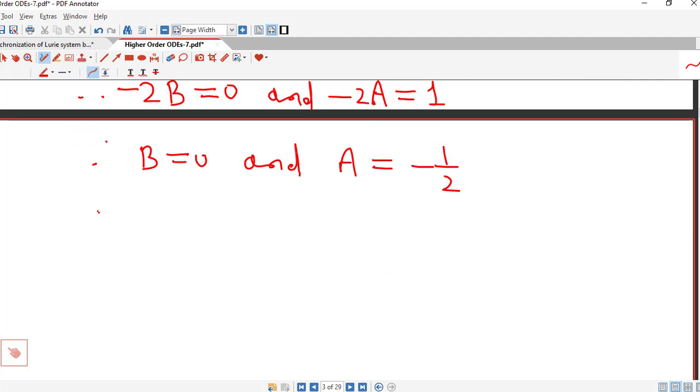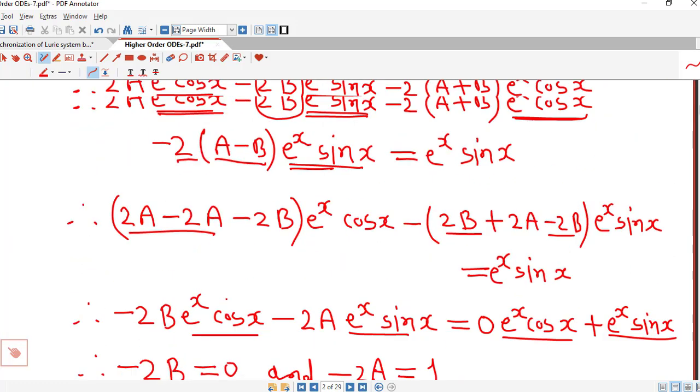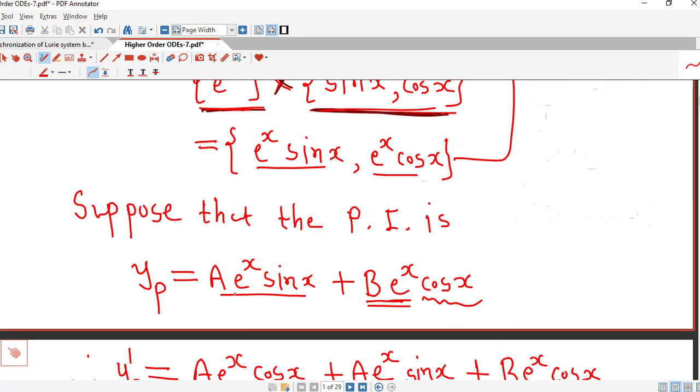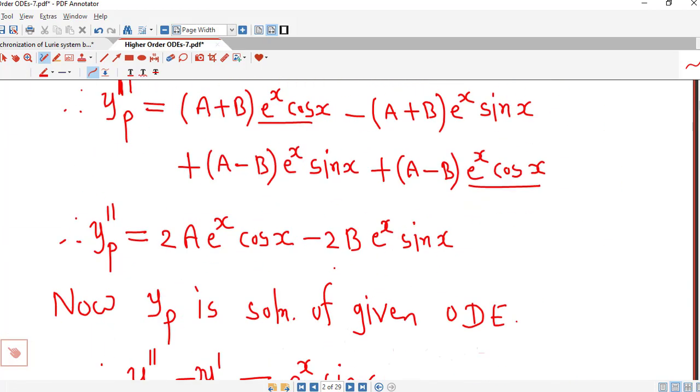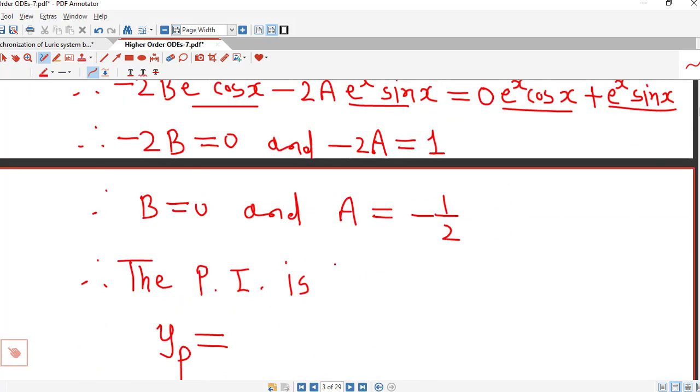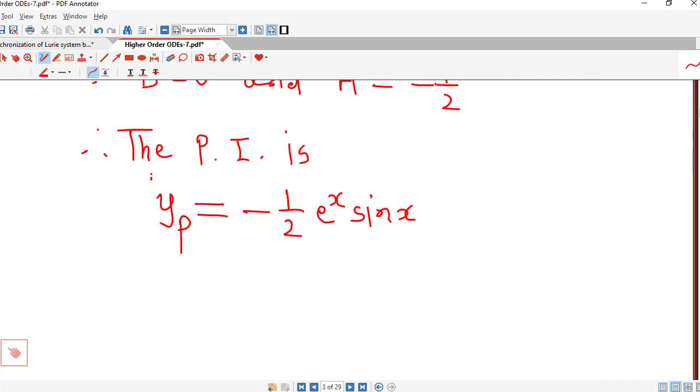So now we substitute the value of these coefficients in this choice for particular integral. So therefore the particular integral is yp equal to, let me check what is yp, a into e raised to x sin x plus b into e raised to x cos x. So a into e raised to x sin x, and because b is 0, this is our particular integral.